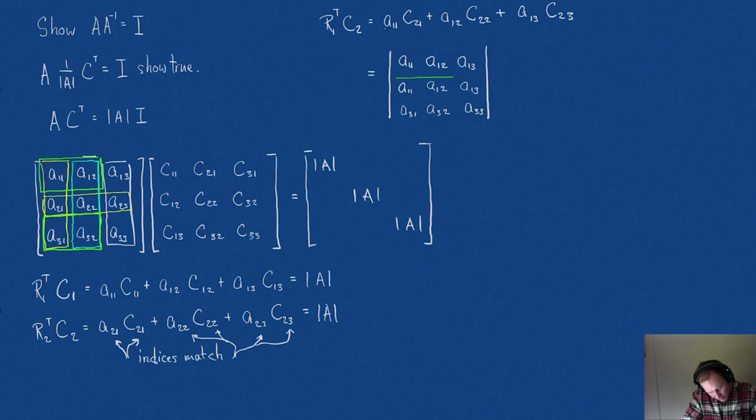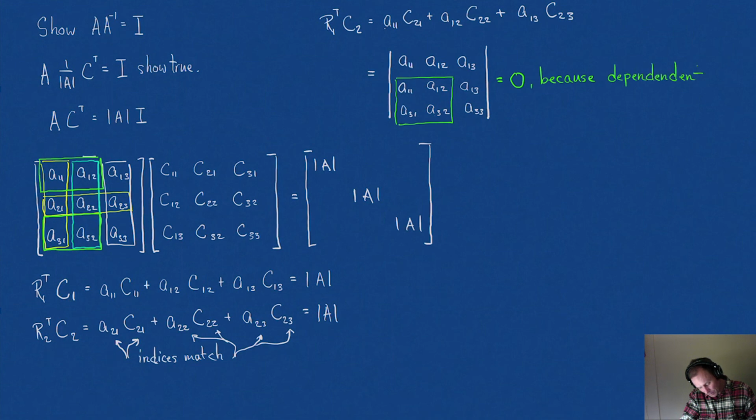That is right there. But wait a minute, look at what happens when you put all this back together. I'll show you. What happens is this equals 0 because we have dependent rows. Notice in this case that row 1 is equal to row 2.